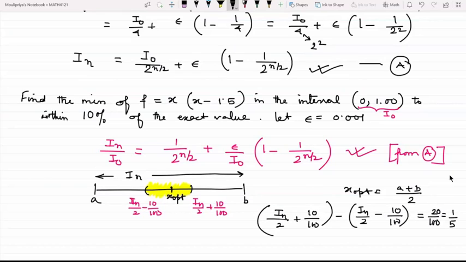So I want this kind of an exactness in our particular question. Am I right? Am I okay with this? Within 10% of the exact value implies we are getting this range. Correct?